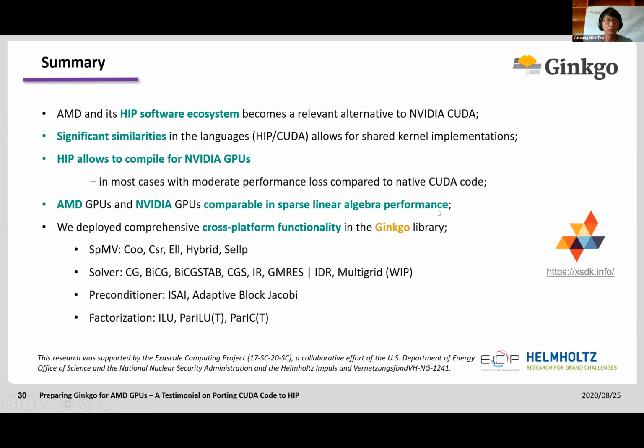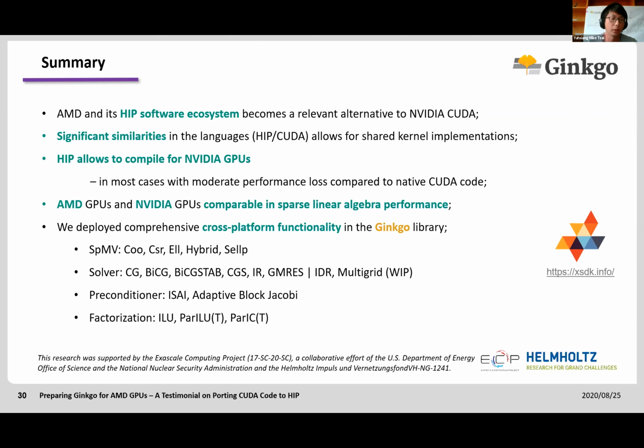So, in summary, AMD gives a very good tool and language, HIP, and it's very similar to NVIDIA CUDA, so the learning curve from CUDA to HIP is very small. You can just use a tool to convert CUDA to HIP.